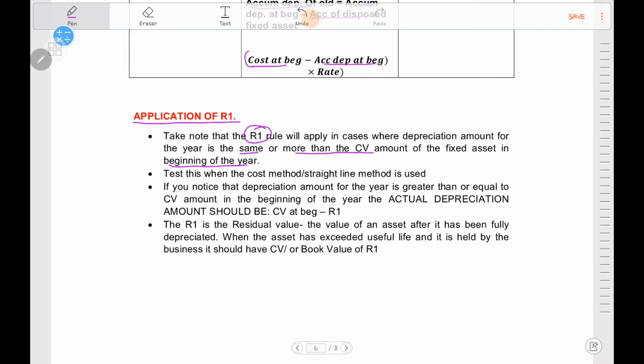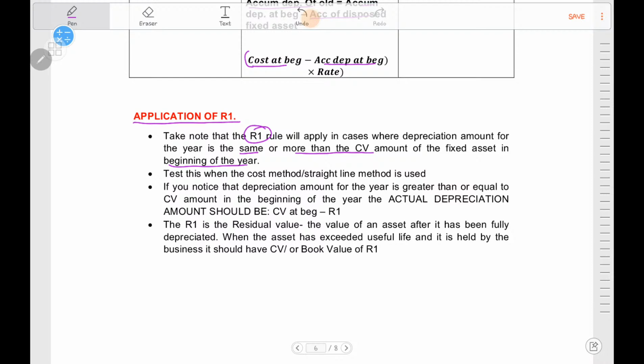If the carrying value at the beginning is the same as the depreciation you've just calculated, or the depreciation is greater than the carrying value at the beginning, then depreciation can no longer be that amount, because our carrying value might end up being negative, and if it's the same, our carrying value might end up being zero.